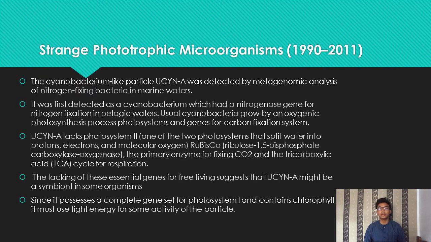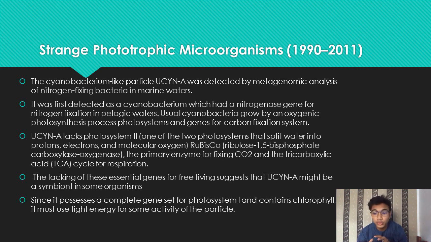So the next slide is strange phototrophic microorganisms. The cyanobacterium UCYN-A was detected by metagenomic analysis of nitrogen fixing bacteria in marine water. It was first detected as a cyanobacterium which had a nitrogenase gene for nitrogen fixation in pelagic water.